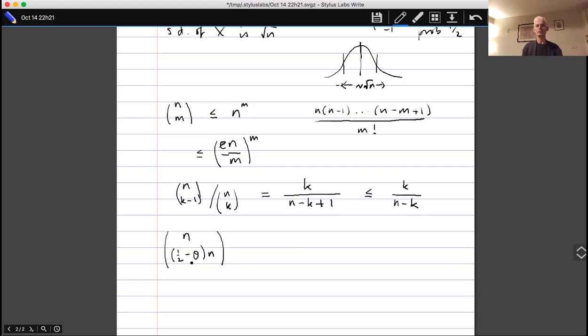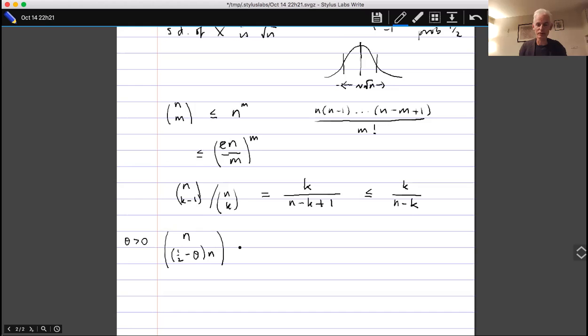I'm going to be a bit lazy and just assume that what I write down is an integer, because I can choose an integer here and then define theta accordingly. So I'm assuming also that theta is greater than 0. And what I'd like to show is that if theta is some fixed constant, this binomial coefficient is going to be much, much smaller than 2 to the n.